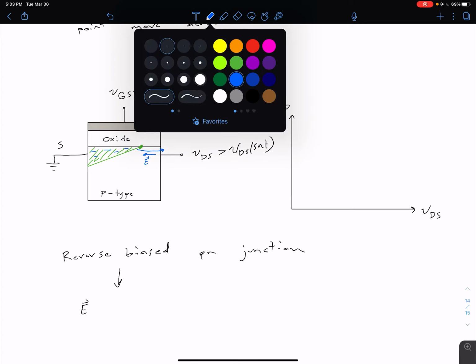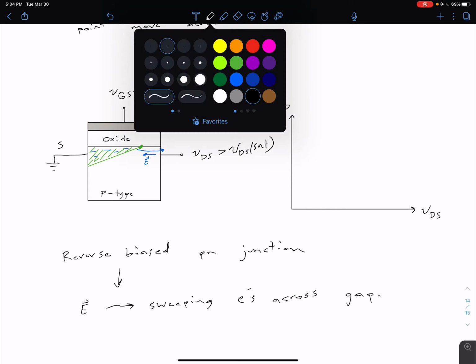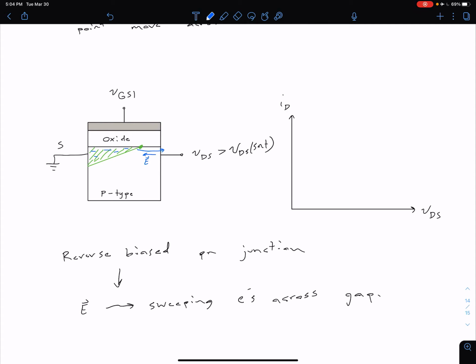So we can say this electric field is sweeping our electrons across that gap, we'll call it. So we do actually still have current, but we're no longer able to increase. So remember, we've already reached our maximum by reaching that VDS sat.